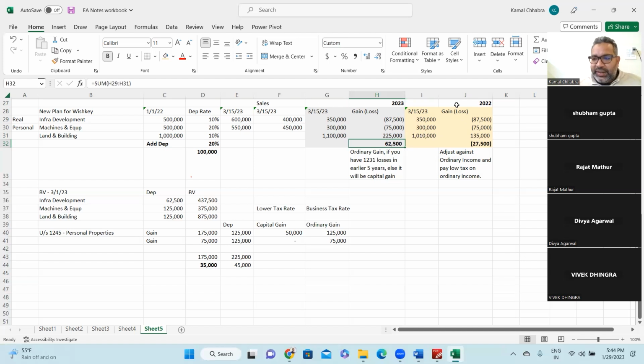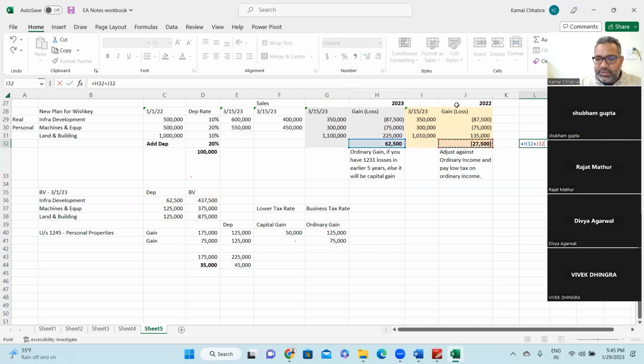So in this net gain, how much do you need to pay at the ordinary tax rate and how much at the capital gain tax rate? Up to 27,500, which was the previous year's loss you have claimed, to that extent you need to pay the ordinary tax rate, and after that, the amount you are left with, 35,000, you need to pay the capital gain tax rate.